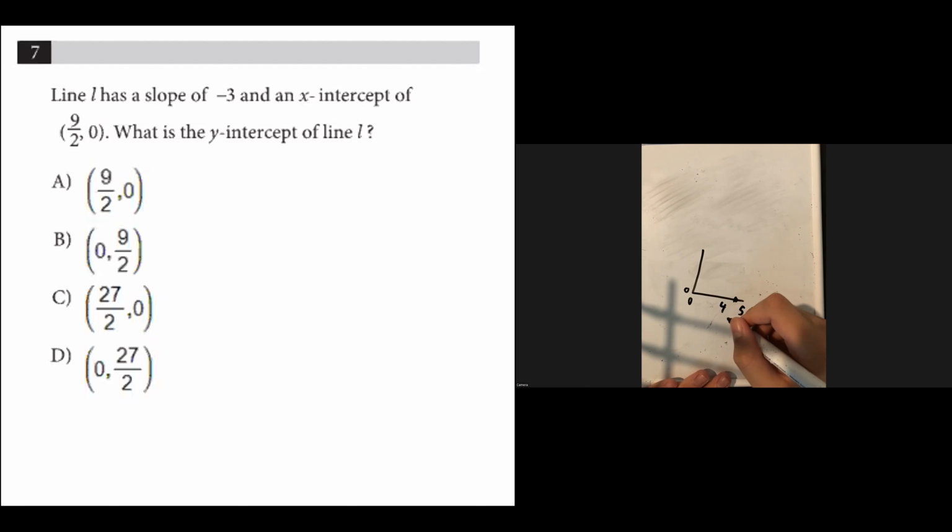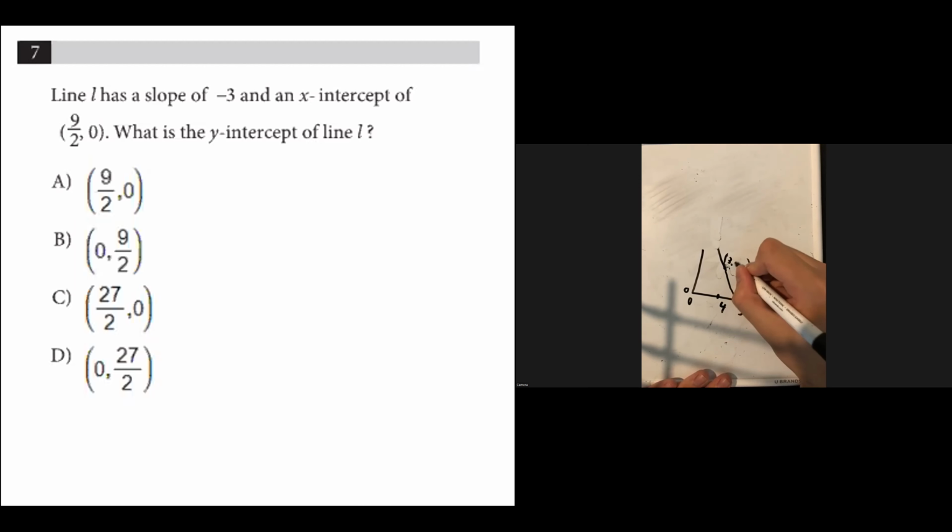And then it says the slope is -3. So every time you go left 1 unit, you have to go up 3. So this would become 3, 3.5. If you go left 1 more, you'd get 6. Or sorry, not 3, 3.5.